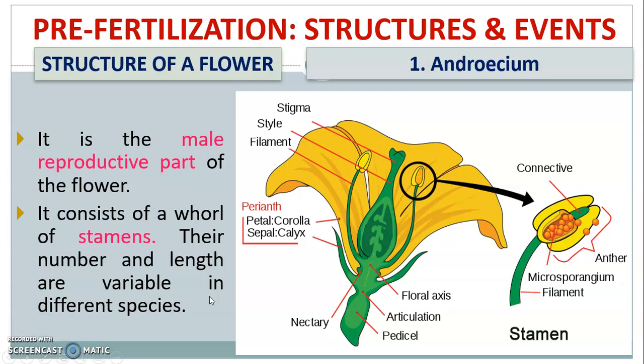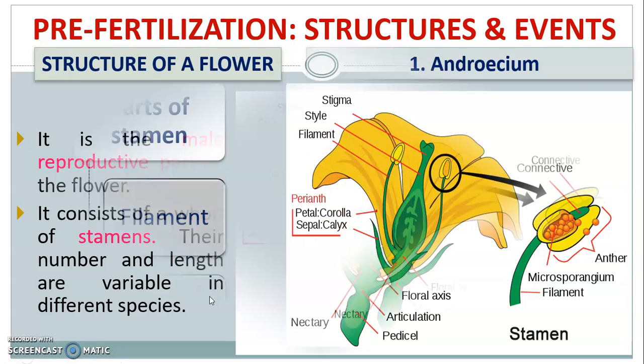The number of stamens and the size of a stamen vary from flower to flower, species to species. So we can say the number of stamens is not fixed for all types of flowers. In the next slide we will see how these stamens work and what the parts of the stamen are.